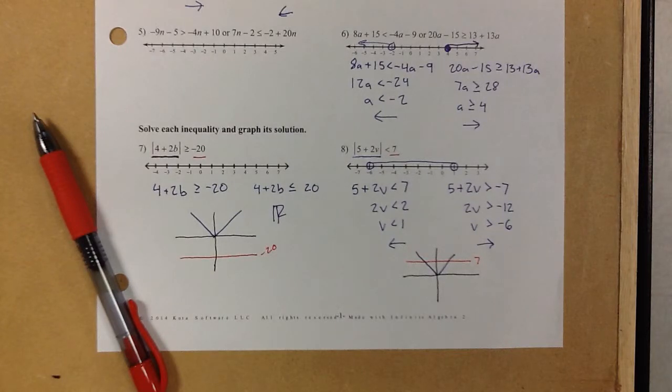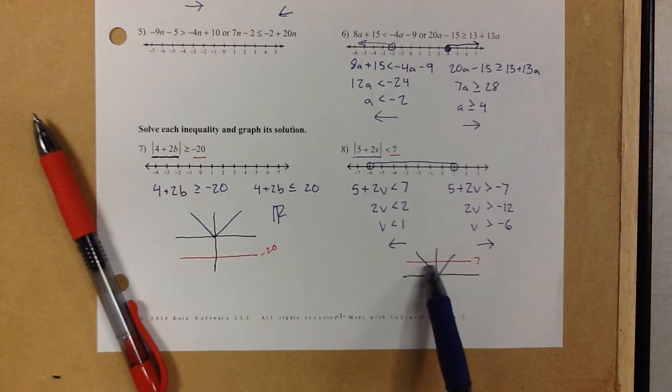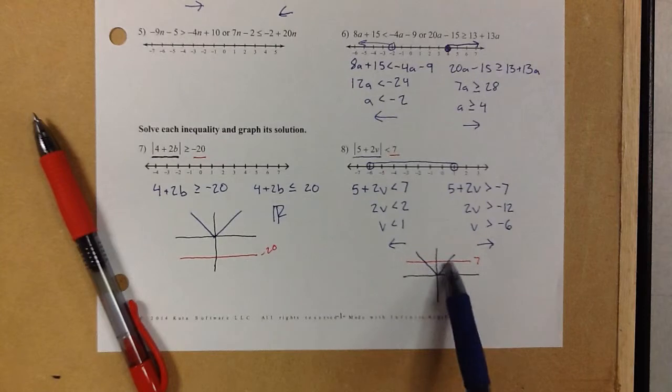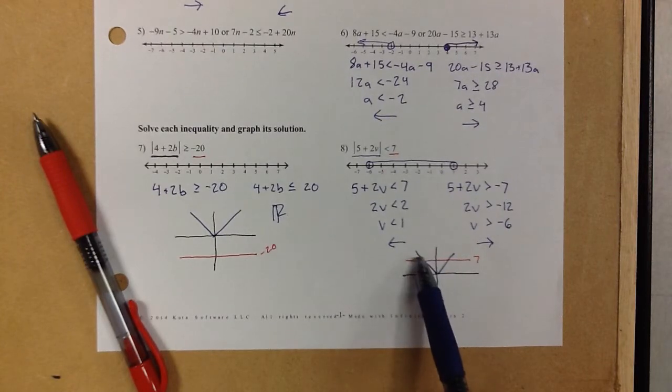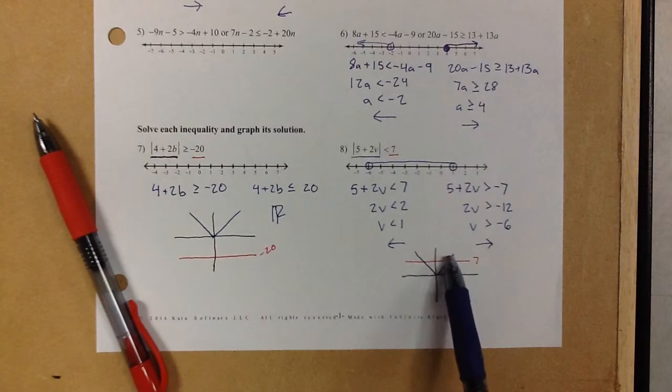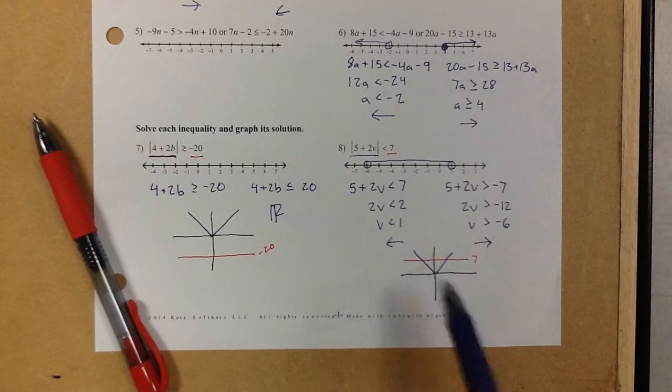Where's the absolute value below 7? It's below 7 in here. So your intersections would be -6 and 1, and it's in between those two intersections. Where's blue below red? Where's the absolute value below the line? Does that make sense? Yeah?